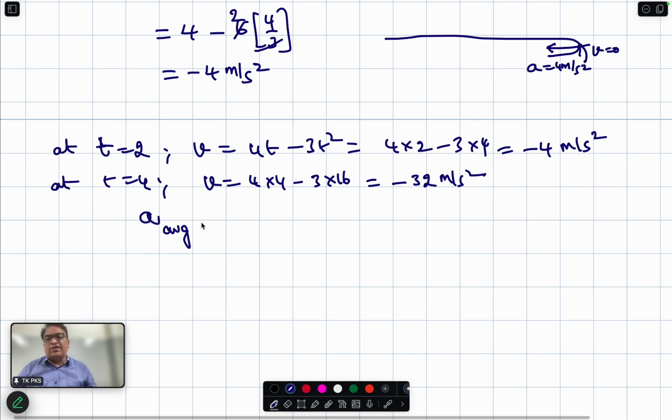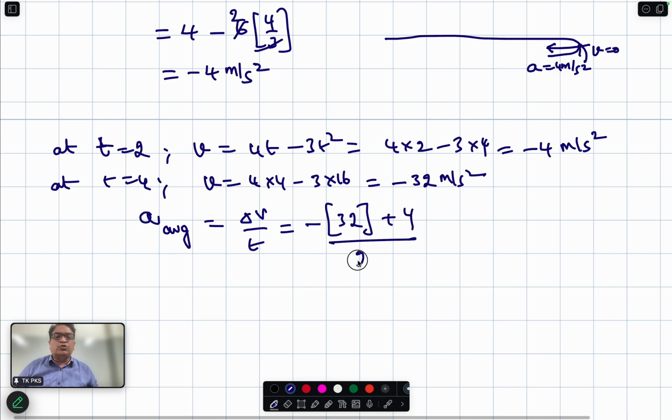Average acceleration is nothing but change in velocity by time, minus 32 plus 4 by 2 seconds, minus 28 by 2 seconds, minus 14 meter per second square. So I have done the complete puzzle.